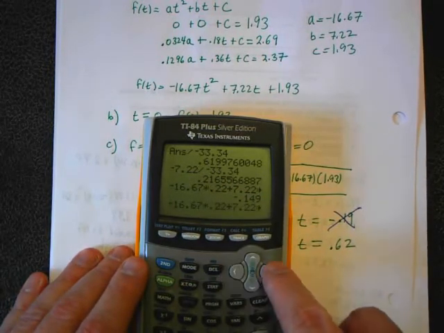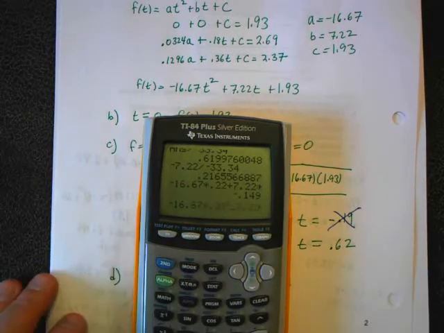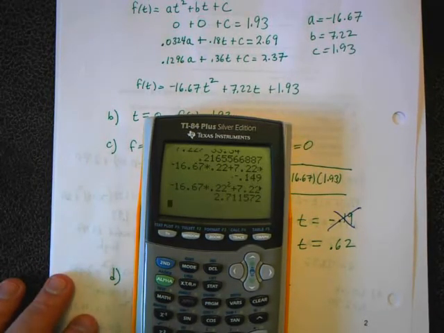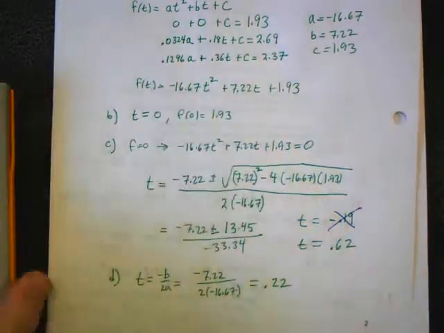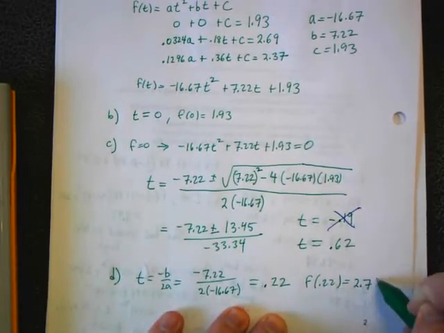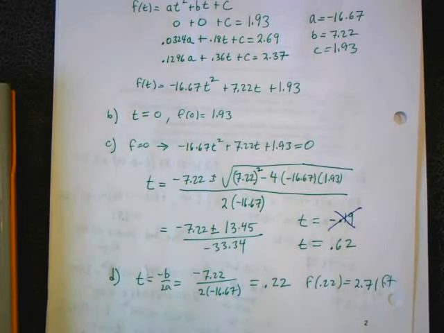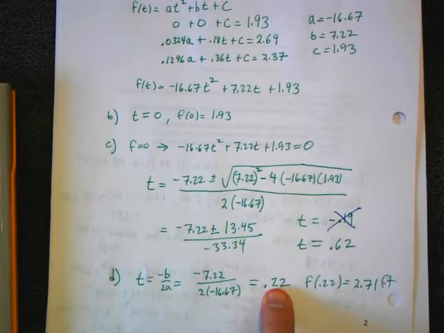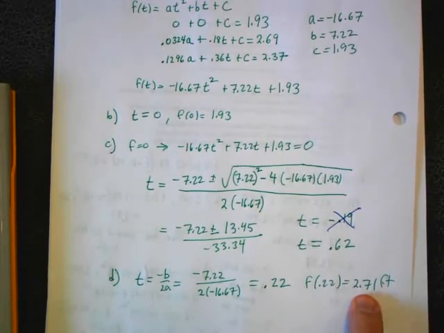Go back and fix that. There we go, that's better. So f at 0.22 is 2.71 feet. So we would approximate that the maximum height happened at time 0.22 seconds, and the maximum height the ball went was 2.71 feet in the air.